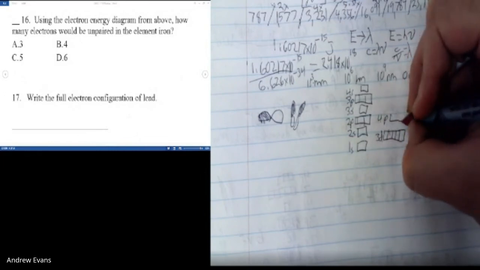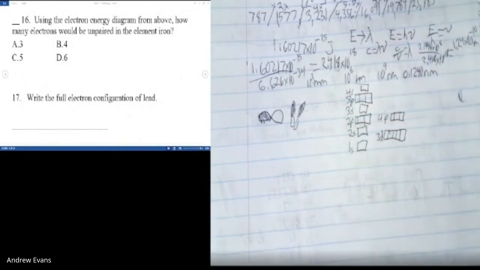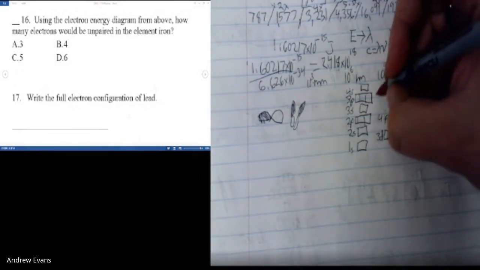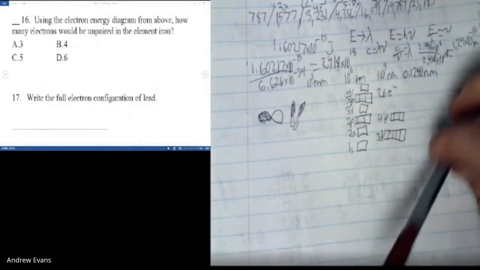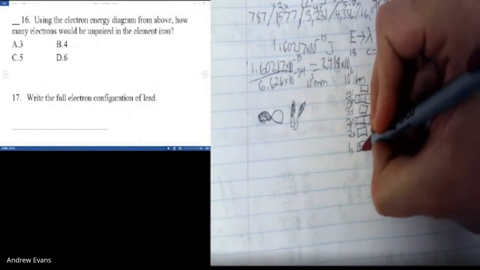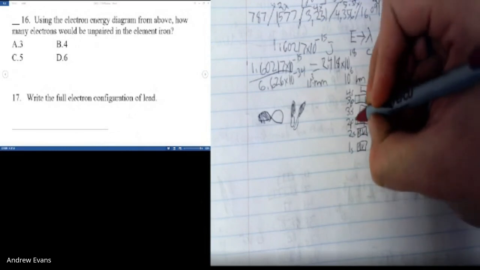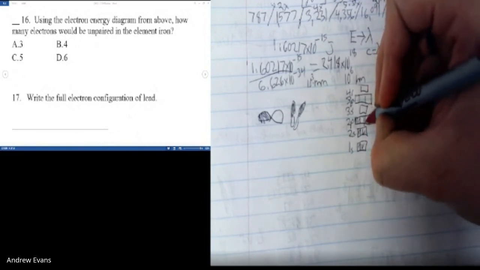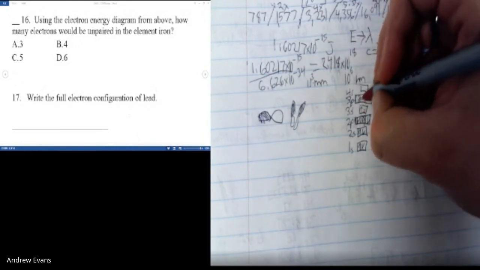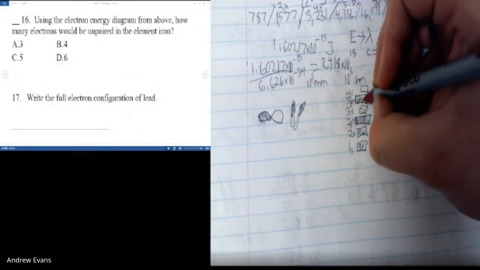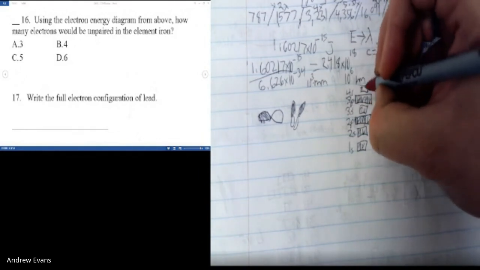So elemental iron is element number 26. 26 electrons. So putting in 26 electrons: 1, 2, 3, 4, 5, 6, 7, 8, 9, 10, 11, 12, 13, 14, 15, 16, 17, 18, 19, 20.